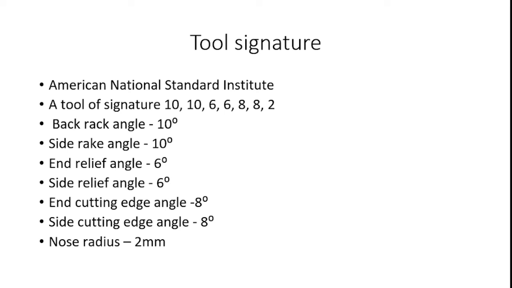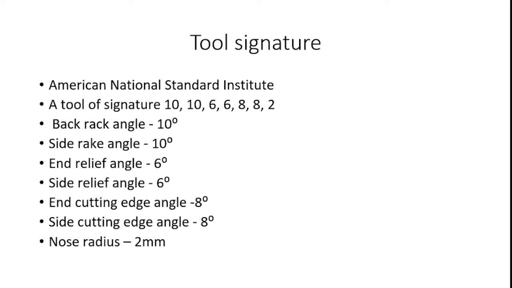The second numerical value, 10, means the side rake angle is 10 degrees. Then the third term is for the end relief angle, which is 6 degrees. The fourth term is the side relief angle, which is also 6 degrees. After that, the next symbol, 8 degrees, is the end cutting edge angle.